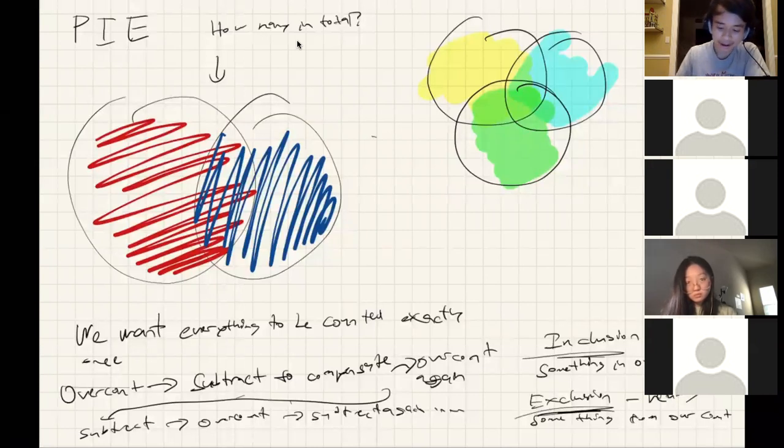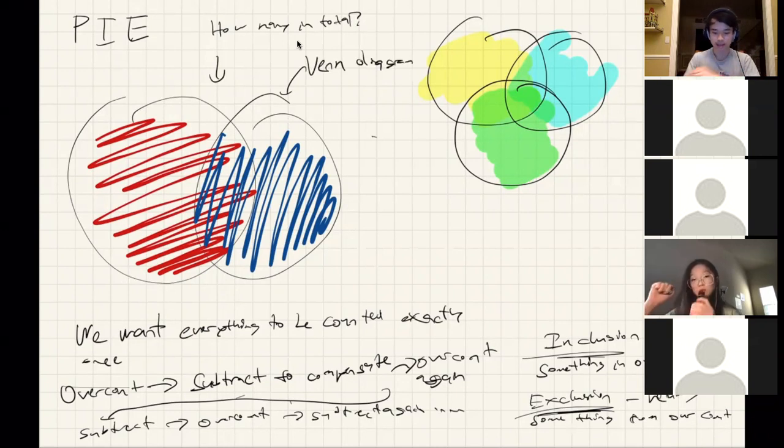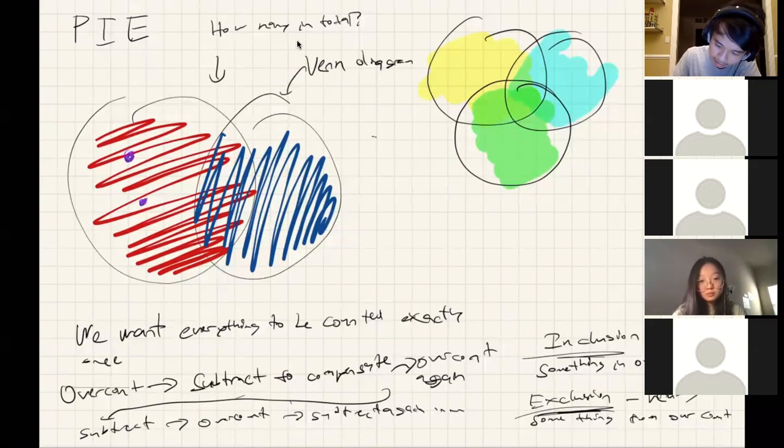But anyways, the main way we visualize this is through Venn diagrams. So let's take a look at this Venn diagram. Let's say we have some elements in one circle, some elements in another circle, and some elements are going to be in both circles, right?